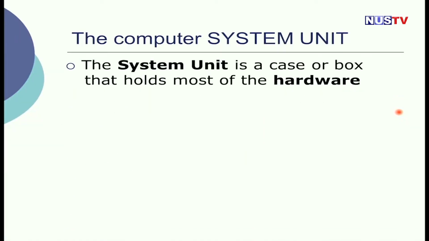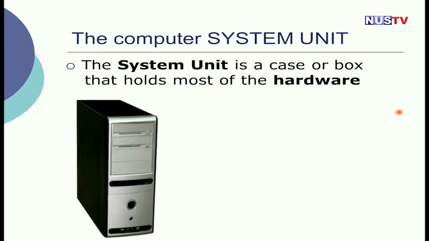Okay, first of all, let's look at the system unit. We all know that the system unit is a case or a box that holds most of the hardware components that's inside our computer. Now I want you to look at the picture on your screen.